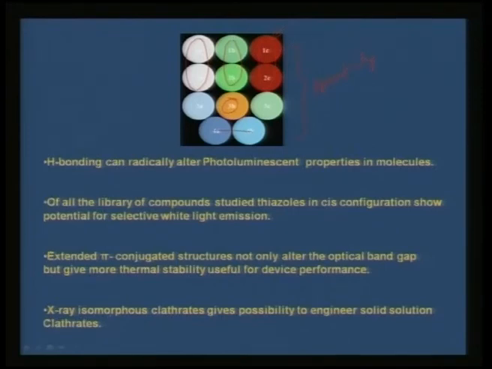So, with this notion one can say that there is a very definite way, more like a thumb rule, one can exercise in rationally preparing the desired organic compounds that will give you a preferred emission.